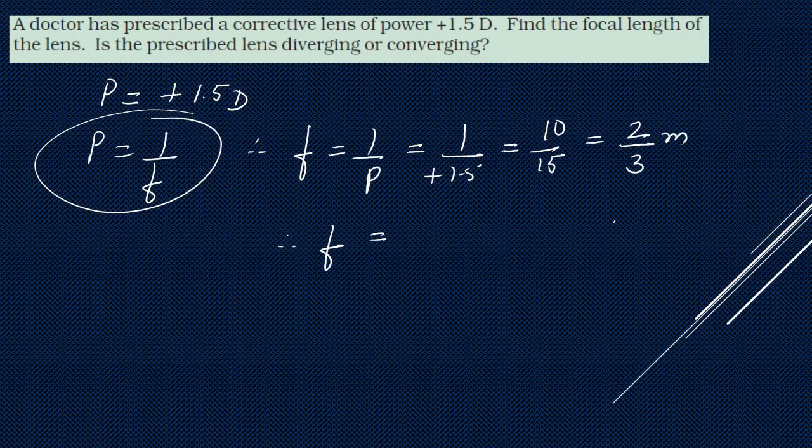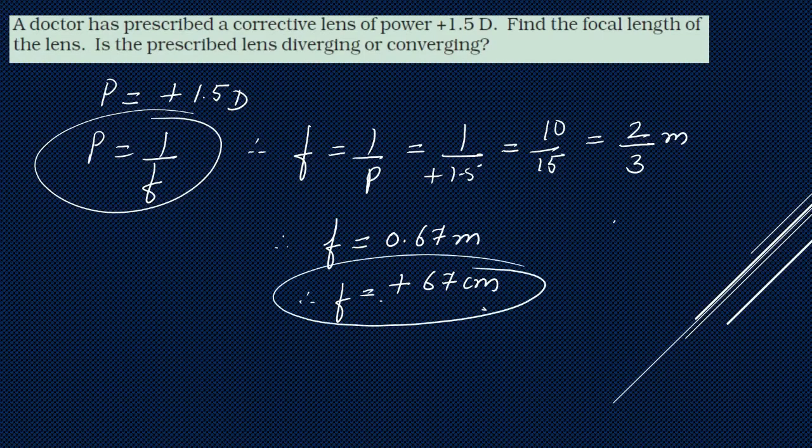right? So if I have to convert this into centimeters, F will be equal to 0.67 meters. Focal length will be plus 67 centimeters, right? So as the focal length is positive, what does the positive sign tell us? Positive tells us that it is which type of lens? It's a convex lens.